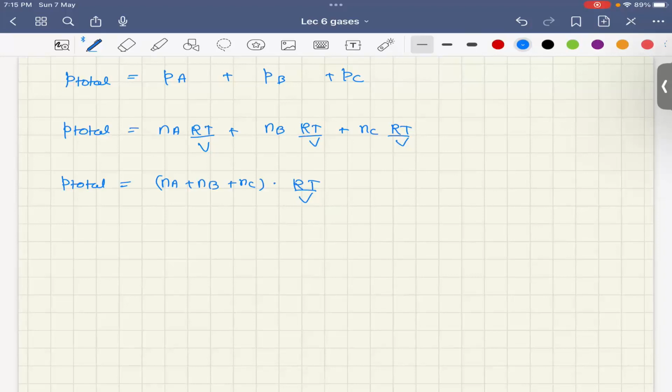Now we are going to divide both the sides by P total, right?